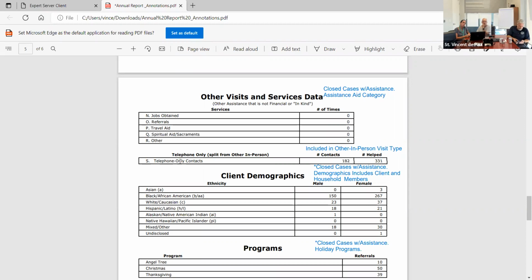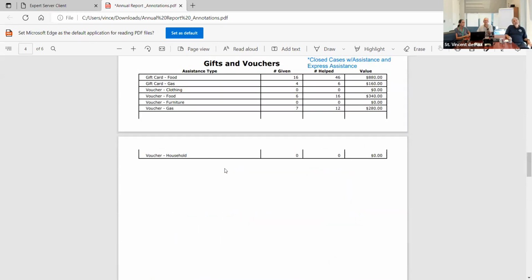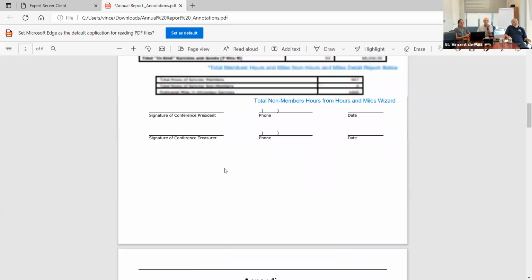You should only be emphasizing other in-person visits, because that's the only thing that counts. This number is included there. So I think you should. Now, what I said is that in the future, and the future might be very soon, we're going to break out telephone as a visit type, just like it is in your dropdown.